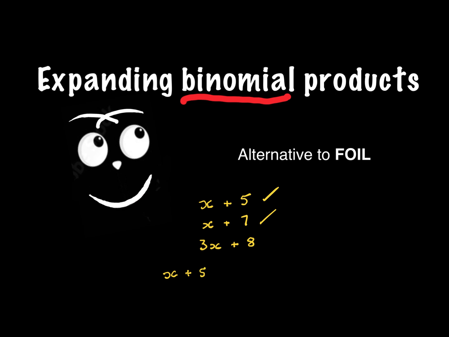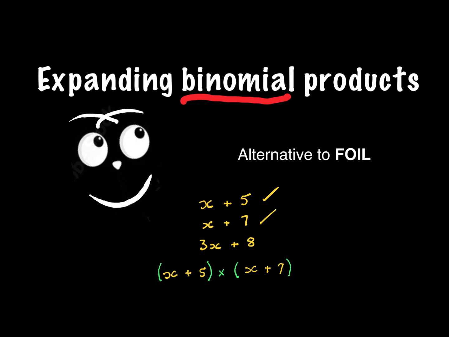And now we need to show that these two terms belong together. So we will put them in brackets. Now we're going to multiply these with the other term, which is x plus 7. And once again, we finish off with a bracket.